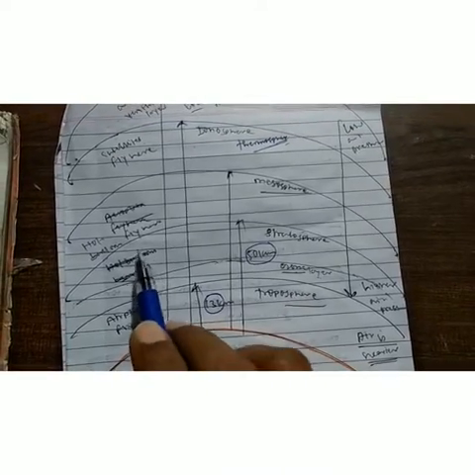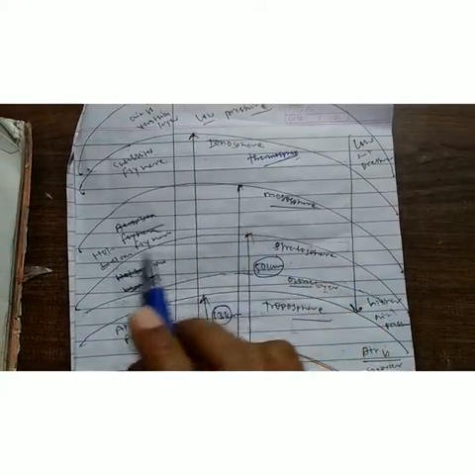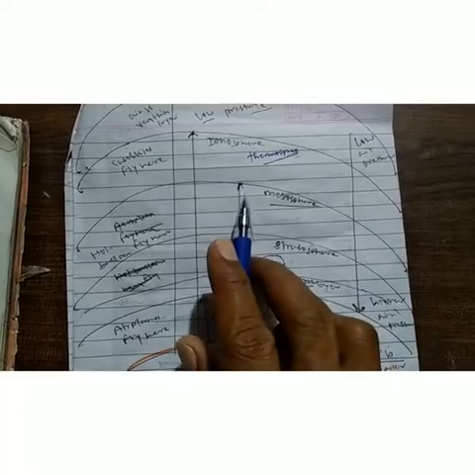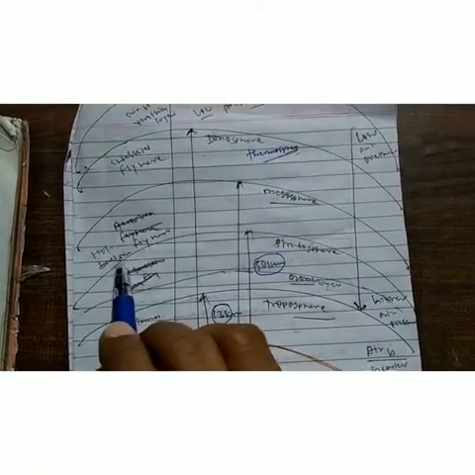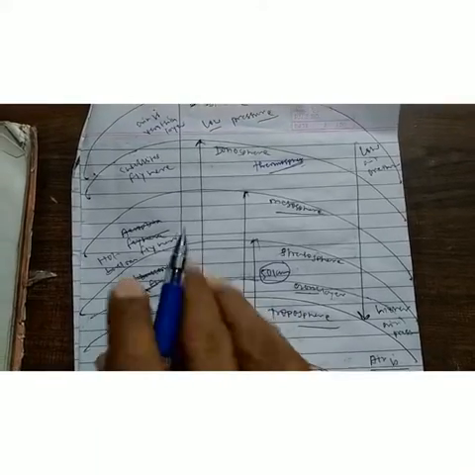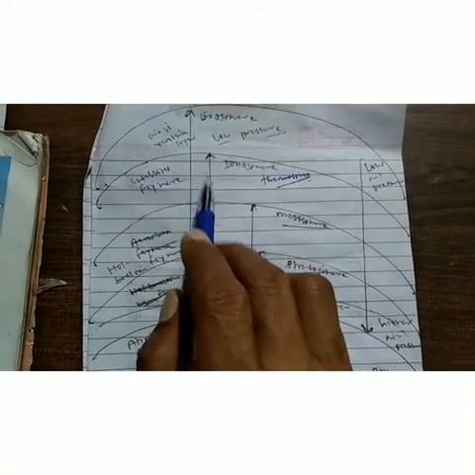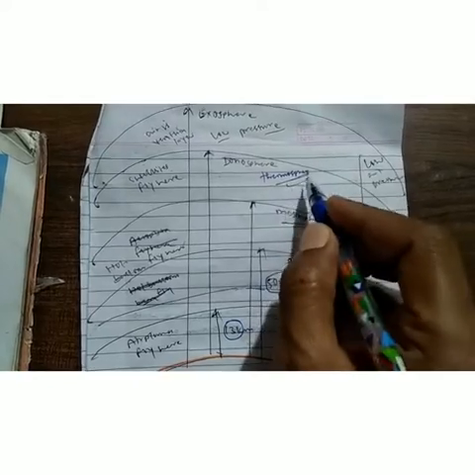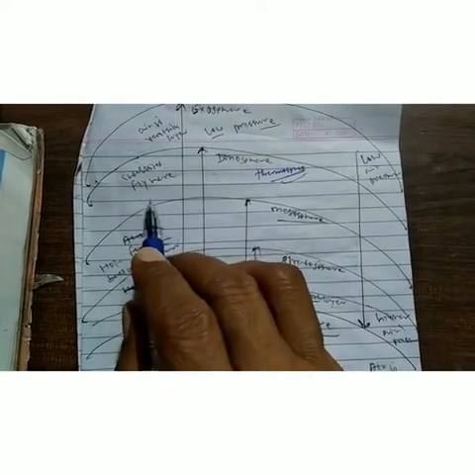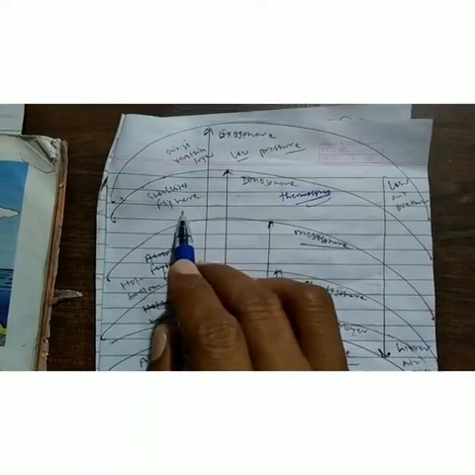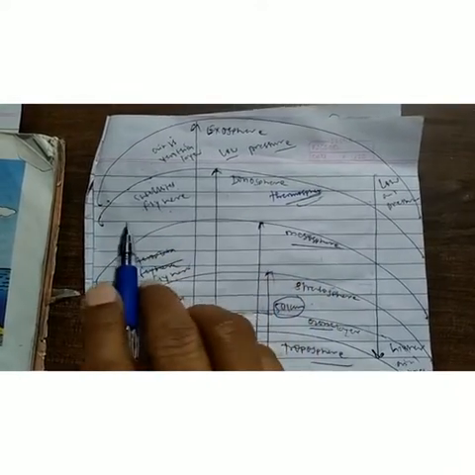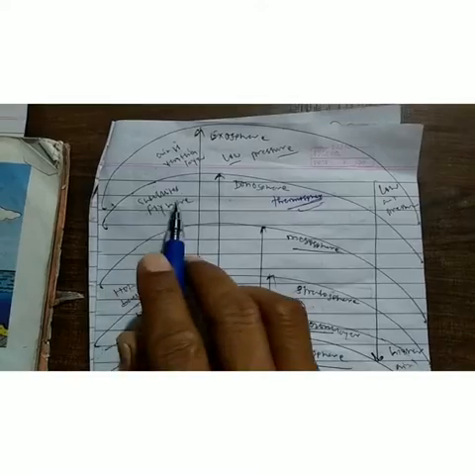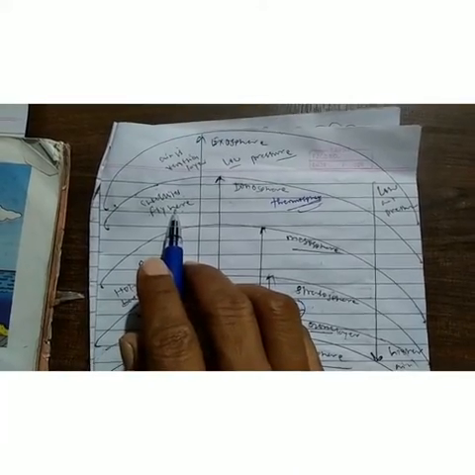And after that, you see the mesosphere. The mesosphere is the third layer in the atmosphere. In that layer, hot air balloons can be seen, and they can fly in the mesosphere. After that, the ionosphere, also called the thermosphere layer, is where satellites fly. We can send satellites, and they can fly in the ionosphere or thermosphere.